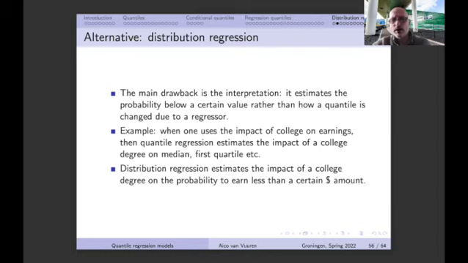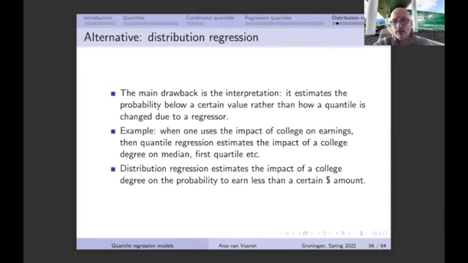Then, for example, if we see that a college degree has a beta coefficient equal to, say, 0.3 or 0.4, that means that at that particular quantile, for example the median, at the moment that somebody has a college degree, that person is going to get respectively 30 or 40% more in terms of the log hourly wage in terms of that particular median. So the median is going to increase by, say, 30 or 40%, depending, of course, on what the beta coefficient is.